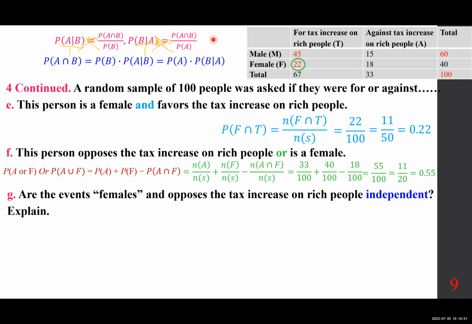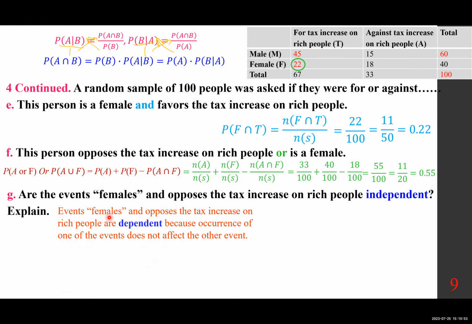Now, events females and opposes the tax increase on rich people are dependent because occurrence of one of the events does affect the other event.